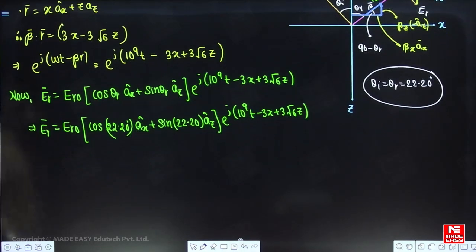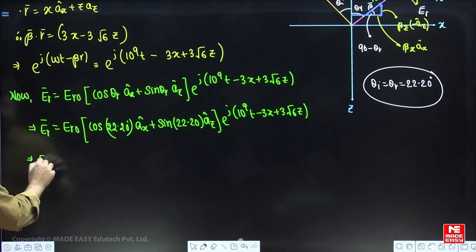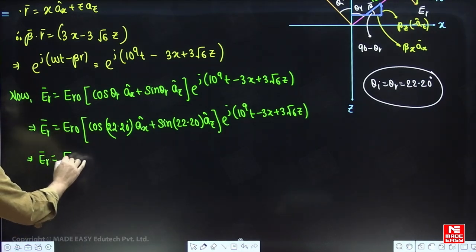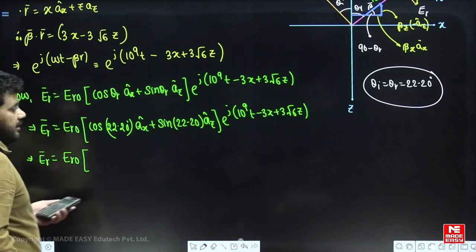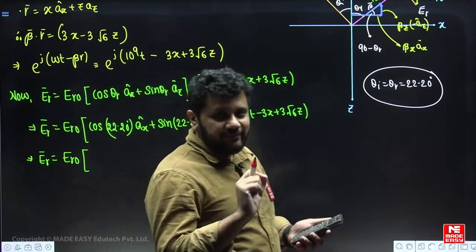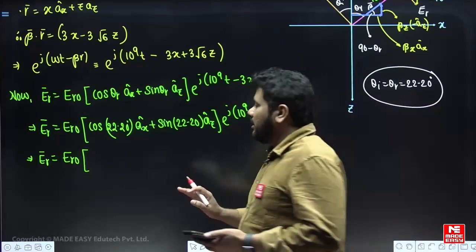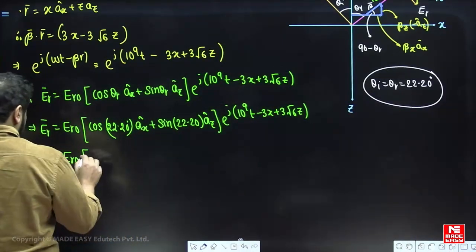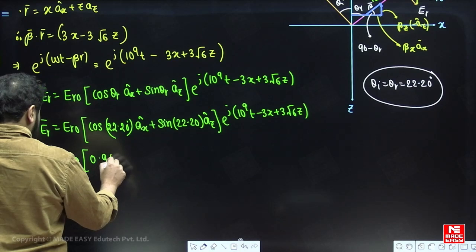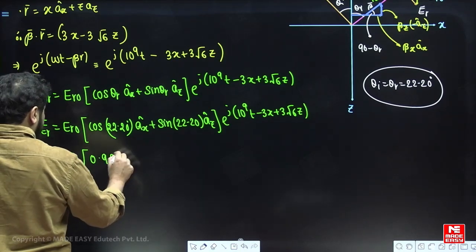Fine. So let us see how much is cos of 22.20. So further I can write it like this. See, the solution I am showing is elaborate, meaning to each and every point I am justifying, each and every point I am showing actually. When you are well versed, you can easily skip steps.